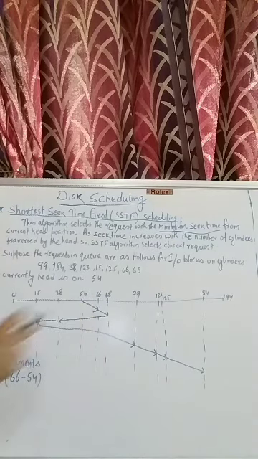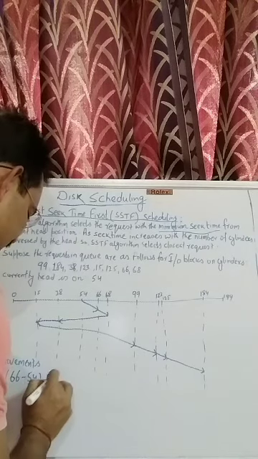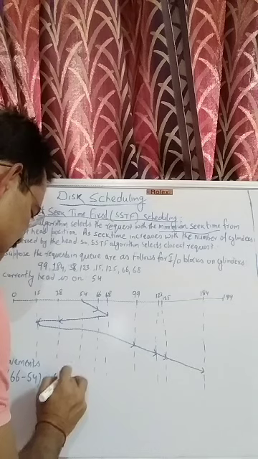So the movement is computed as 66 minus 54. Then from 66 to 68.